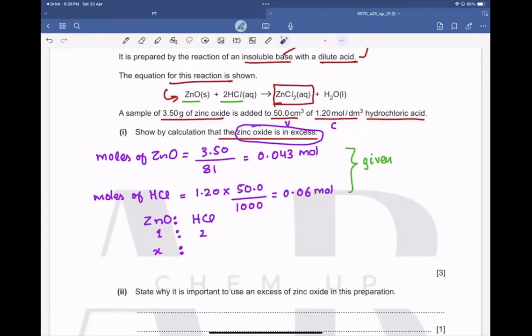So the moles of hydrochloric acid we have is 0.06. Now, the X moles that I am going to get here are the required moles, or you can say these are the moles which are needed. So let's find the moles which are needed. 0.06 divided by 2.